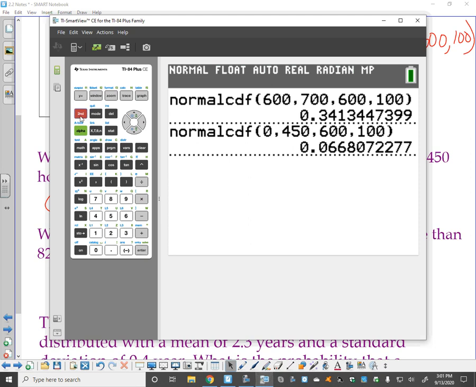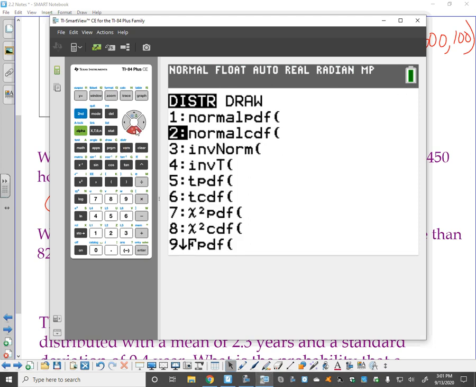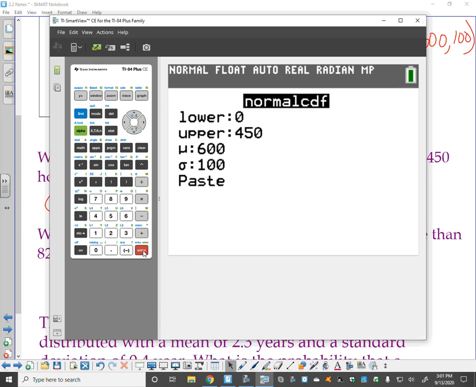I go to distribution. I go down to number 2. Let's see, I'm going from 825 to infinity. So we have to practice typing this in, and that's that 1E99. So there's my 1. Now your E is the button above the number 7, but it's the second function.